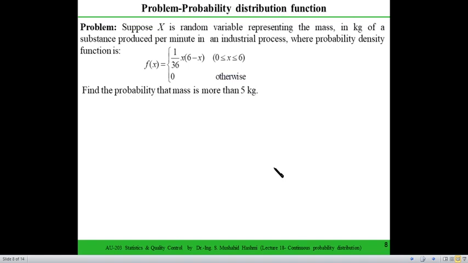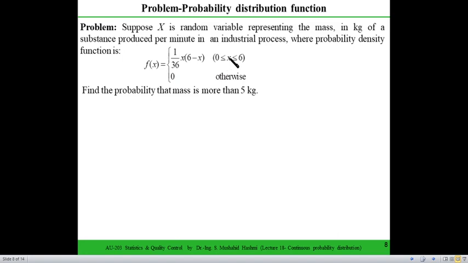Okay, now let's see how we can look at a problem. Suppose x is a random variable representing the mass in kilograms of a substance produced every minute of an industrial process, and whose probability density function is this. So f of x is used to calculate the probability.